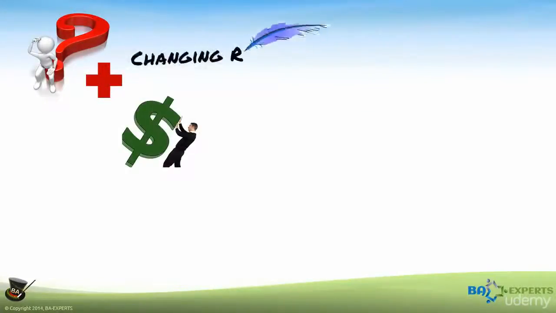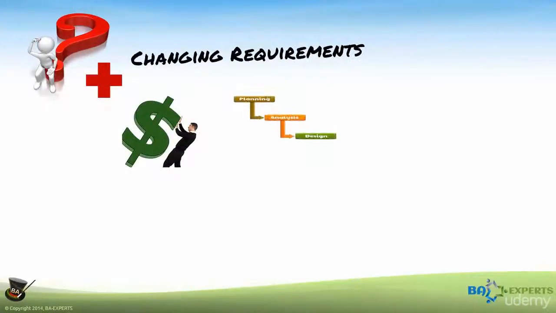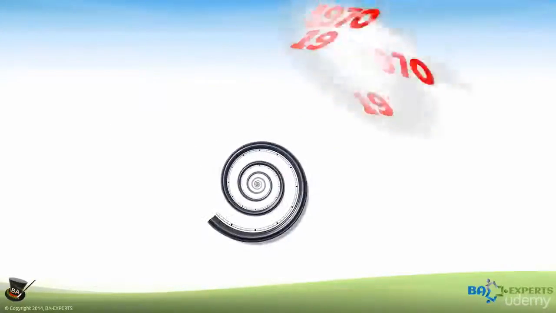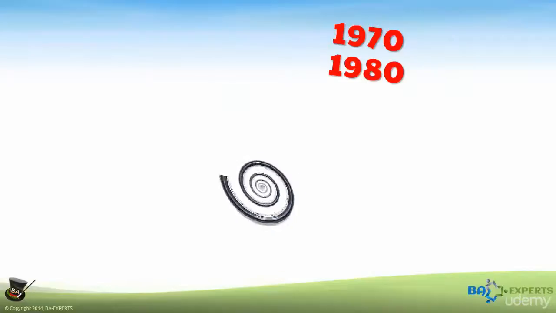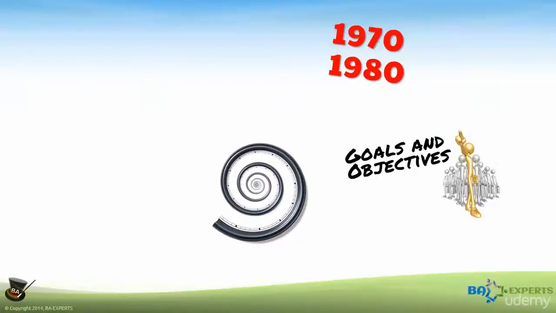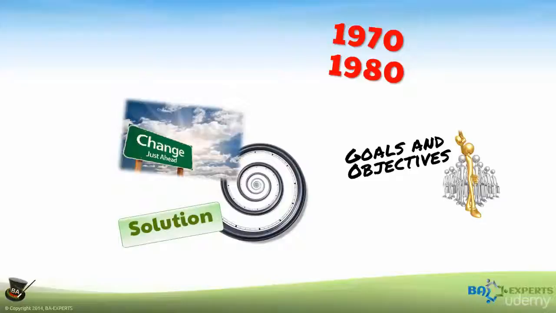Due to the challenges and associated costs that changing requirements posed to structured methodologies, the idea of iterative development emerged in the 70s and 80s. Iterative approaches assume that while the overall project goals and objectives remain relatively constant, the development of the solution will cause the needs to change, and that will require modifications to the delivered solution.